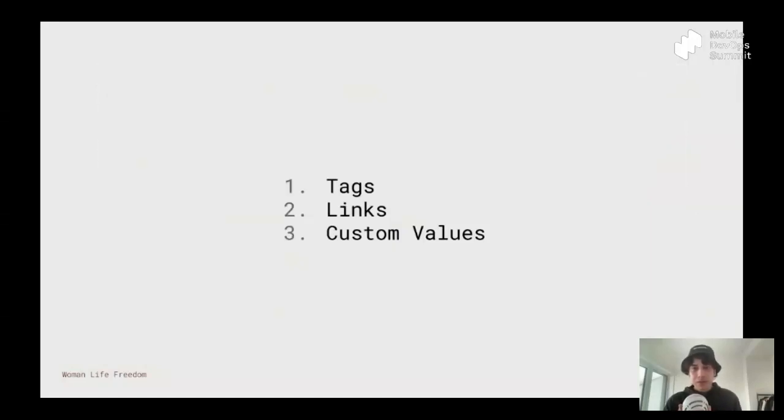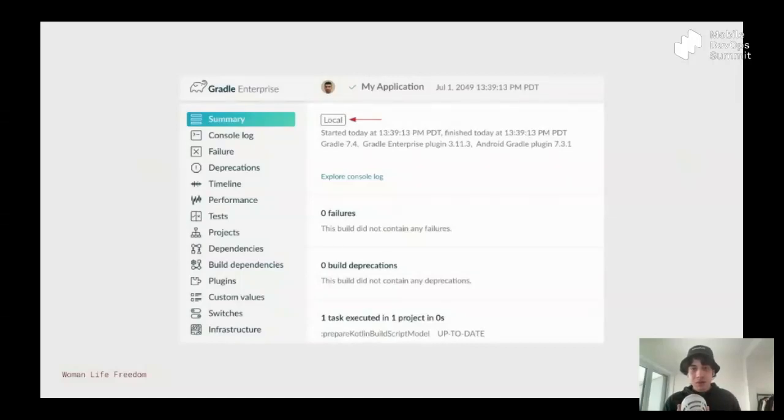As a wrap-up, we can extend build scans in these three forms. We can have custom tags to differentiate build environment. For example, was it a local build or a CI build? If it was a CI build, was it on Bitrise or GitHub Actions? If it was on Bitrise, what was the workflow's name?